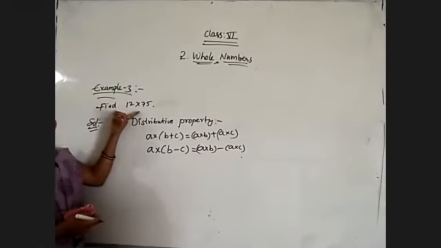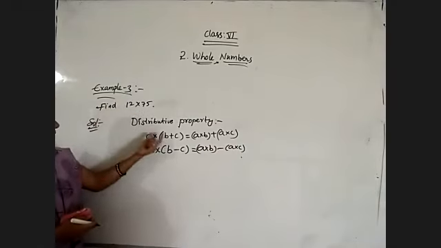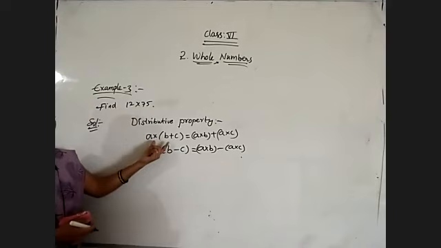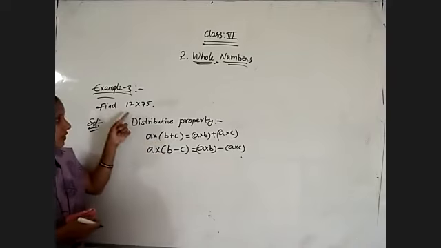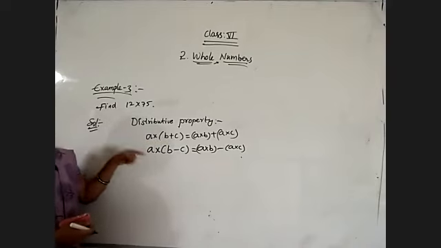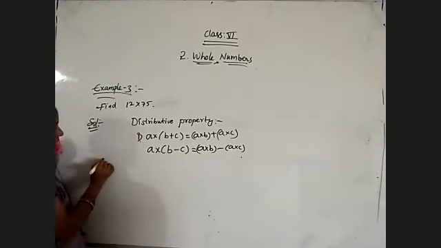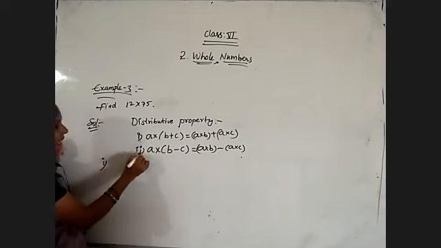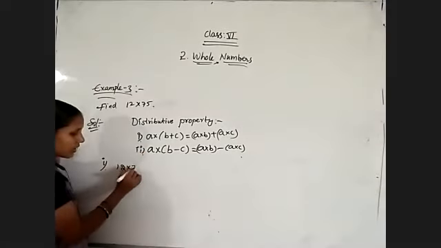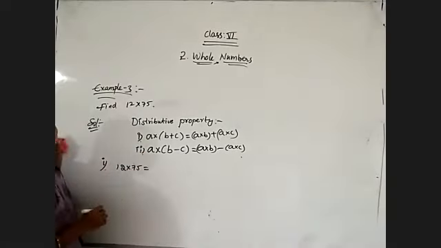Now two numbers are given, only two. Is this one? No. Is this one? No. But we can convert it into that form. So the first case: 12 into 75. Select the greater number.